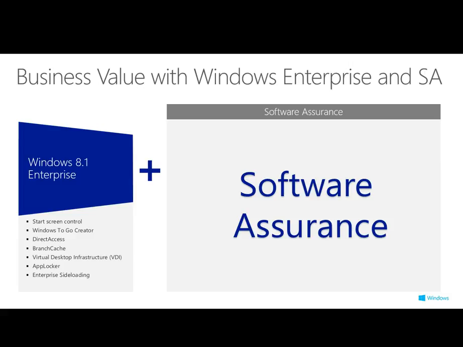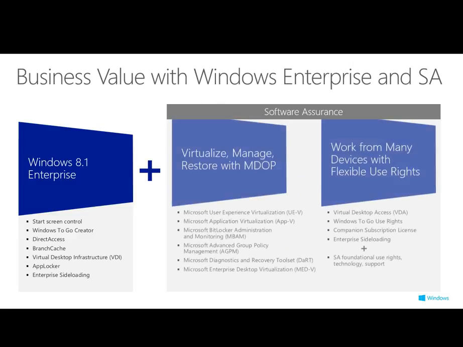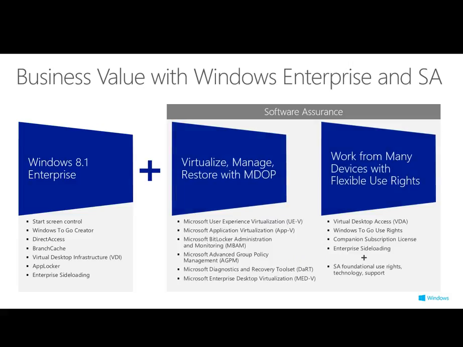So the business value with Enterprise Edition and Software Assurance. With Enterprise Edition features, you get Start screen control, AppLocker, VDI, and DirectAccess. The benefits of Software Assurance are the Microsoft Desktop Optimization Pack, and you have many devices with flexible use rights.